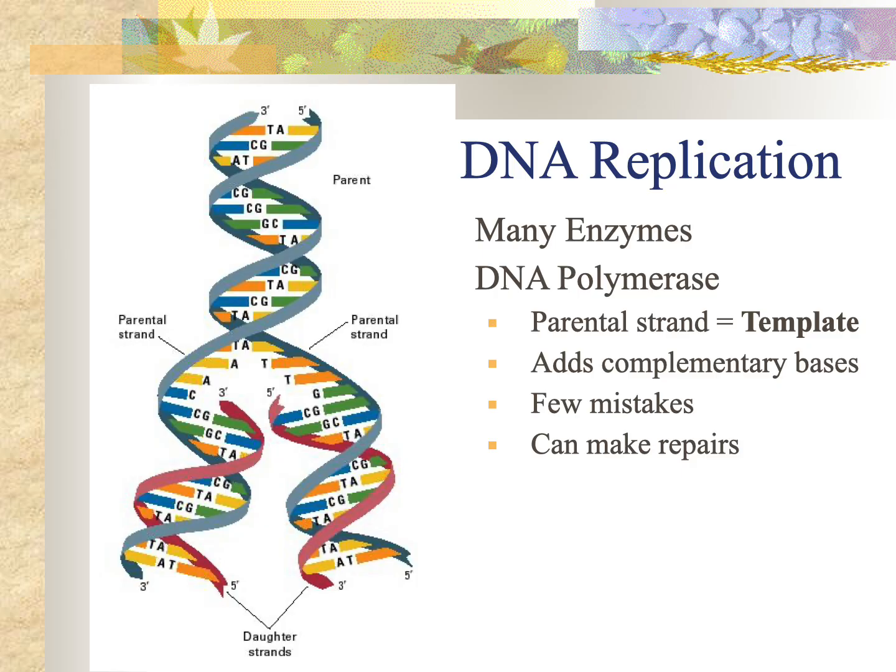You could copy all the genetic information by just separating the two strands, and each strand would serve as a template for making a new strand. An enzyme could just add complementary bases, and so you could copy DNA very easily by just separating the strands. And at the same time, this wouldn't affect the code.